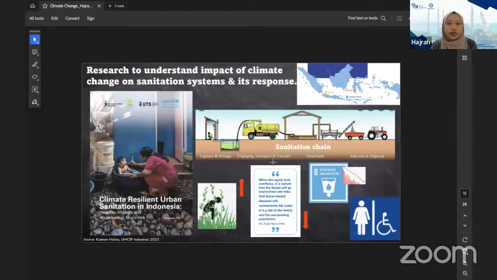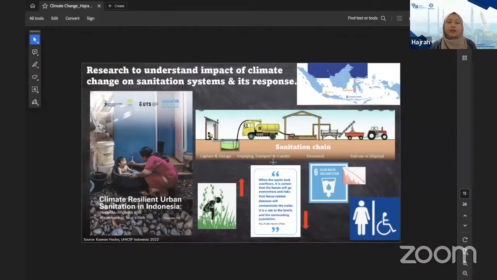And this is also another climate study that has been done in Indonesia in 4 cities, talking about climate resilience and urban sanitation in Indonesia. This study shows that the current condition of sanitation and water in urban areas has really been set back due to climate change.